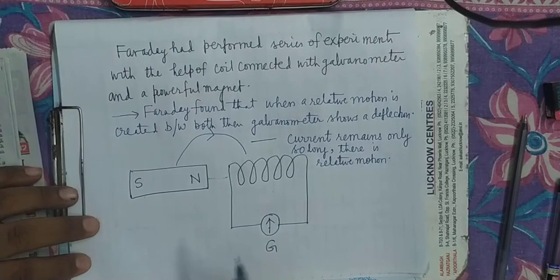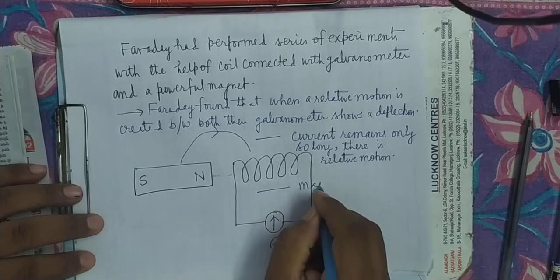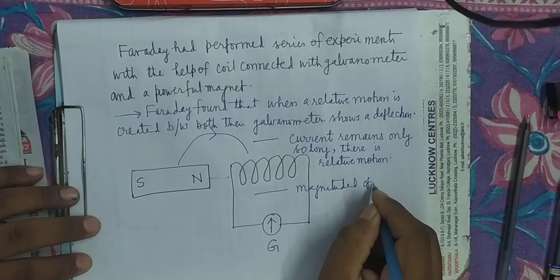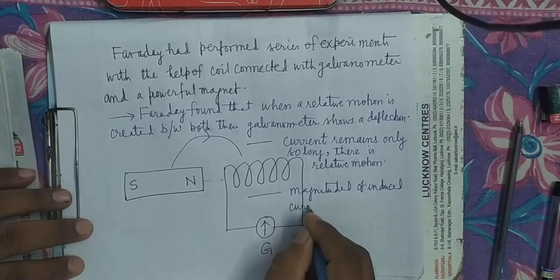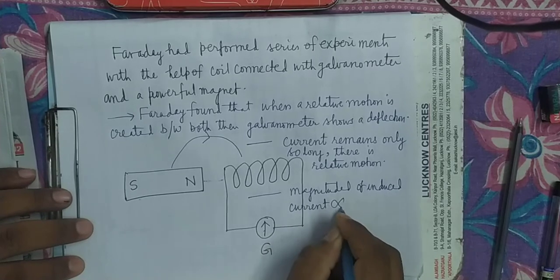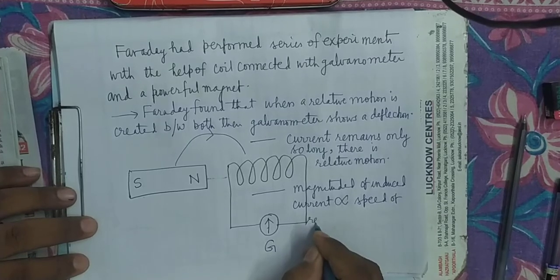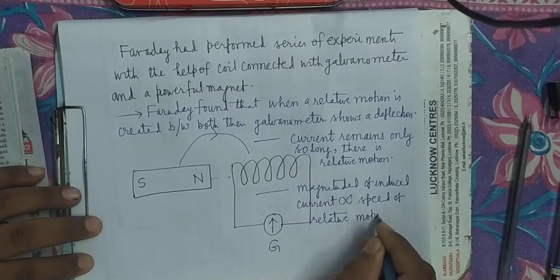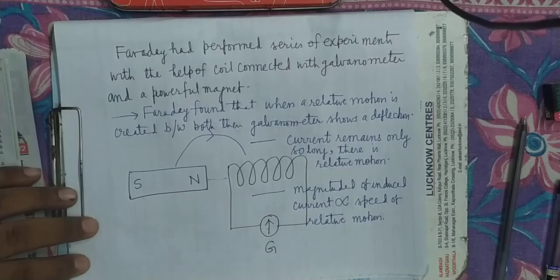It's clear? Secondly, he had found that the magnitude of induced current is directly proportional to the speed of relative motion. Means the faster the relative motion, the more will be the induced current. Galvanometer will show a larger deflection.